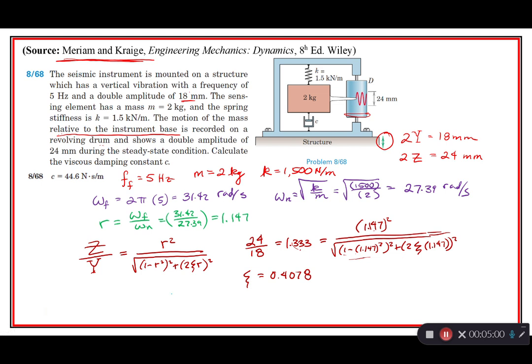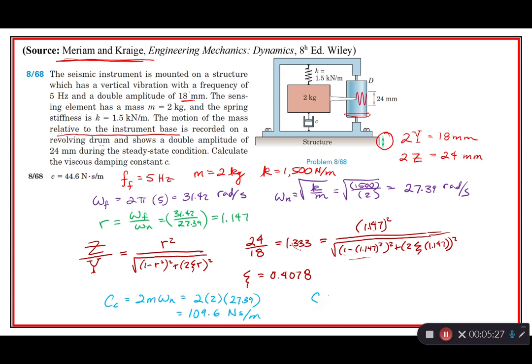There's a lot of room for mistakes, at least a lot of keystrokes on the calculator. We can get the critical damping, could have got that already. Mass is 2 kilograms. The natural frequency was 27.39. So we have 109.6 newton seconds per meter.